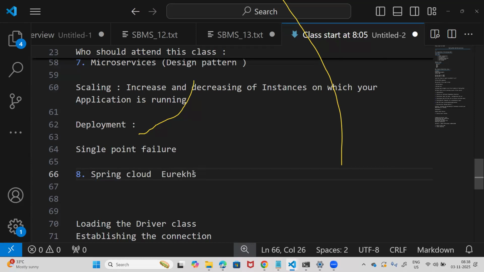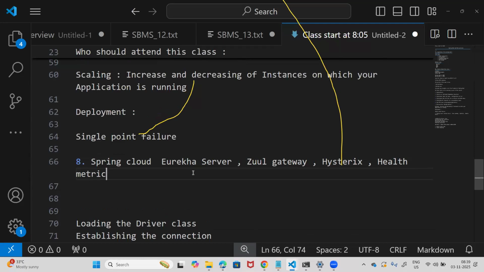We'll see all those things, guys. And you can have health metrics also, meaning how many are active, how many are not working, how many APIs, something like that. We'll see all these after microservices, guys.